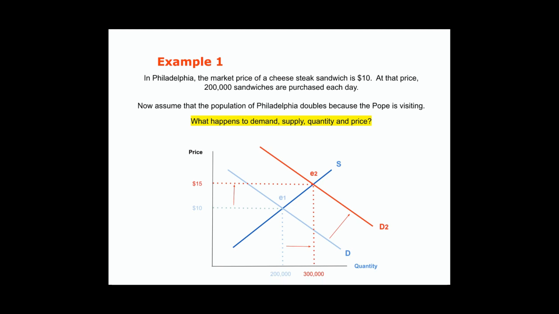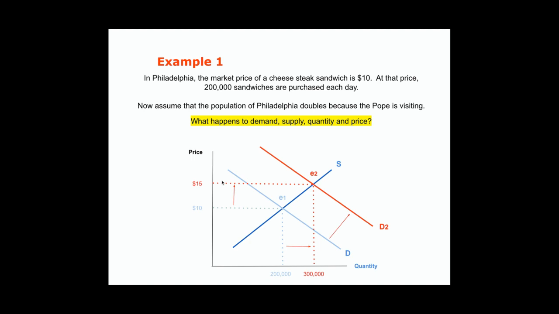The equilibrium happens at a different point on the supply curve, but the supply curve itself hasn't changed. We just moved to a different point along the supply curve. So at E2, there's a higher price and a higher quantity, because the balance between the quantity supplied and the quantity demanded happens at a higher quantity and at a higher price.